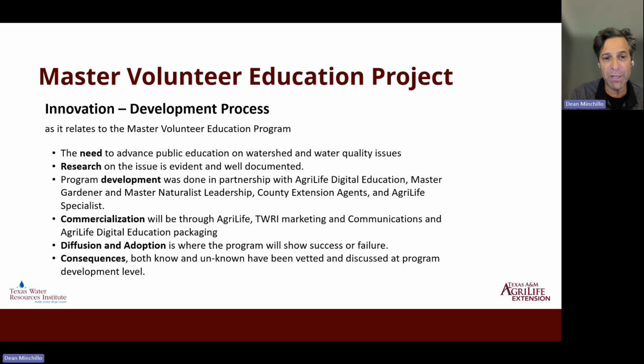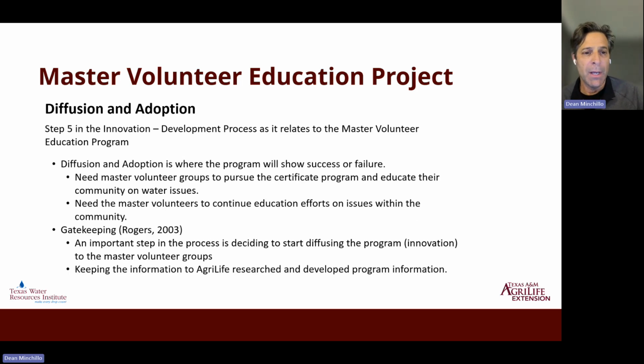And then, of course, the diffusion and adoption, which is where I am connecting this, is really where we will see success or failure. And of course, consequences, we don't really know yet. We've discussed what some consequences of this program could be, but we really won't know the full extent until after this program is rolled out.